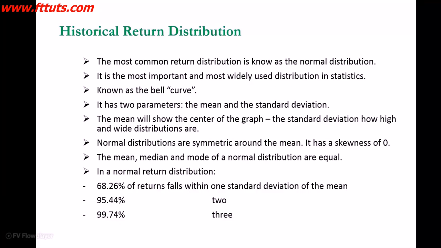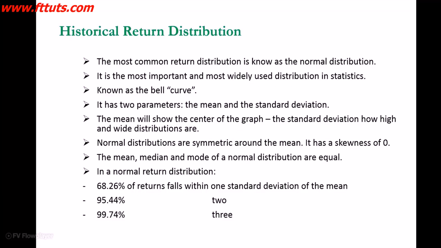The mean will show the center of the graph, the standard deviation, how high and wide distributions are. A normal distribution is symmetric around the mean, meaning it has a skewness of 0. The mean, the median, and the mode of a normal distribution are equal.